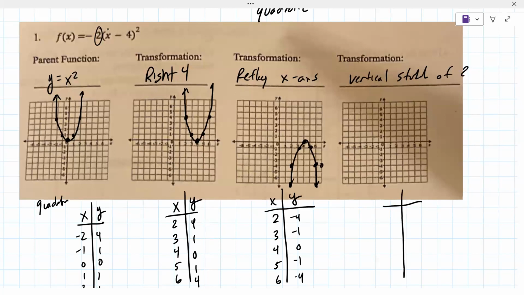So that's a vertical stretch of 2. So then all the y values get multiplied by 2. So then I just multiply the current ones by 2. Boom.